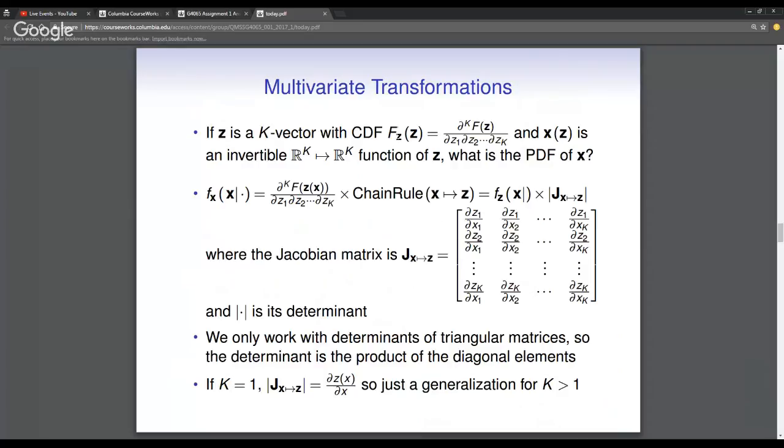The PDF of x is the PDF of z written in terms of x. And then there's basically a massive chain rule thing on the derivative, for the mapping from x to z.